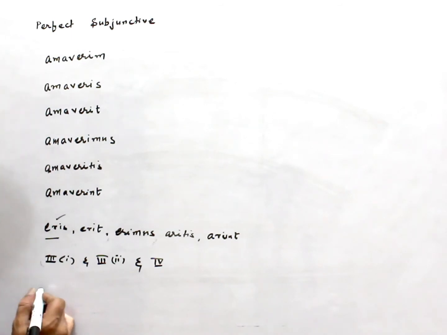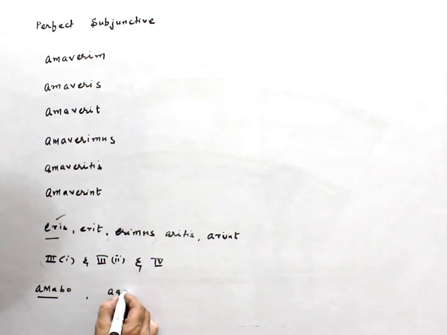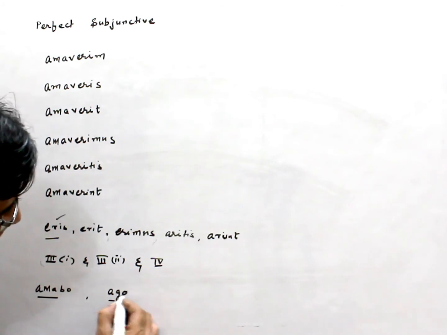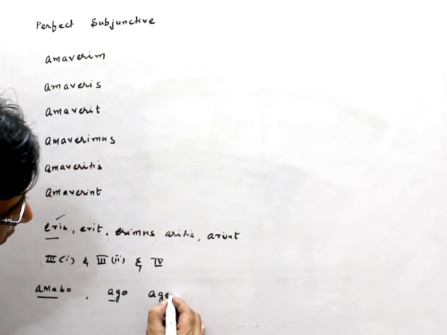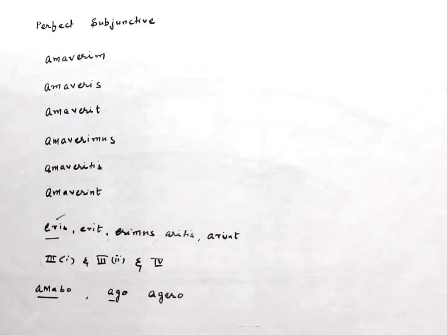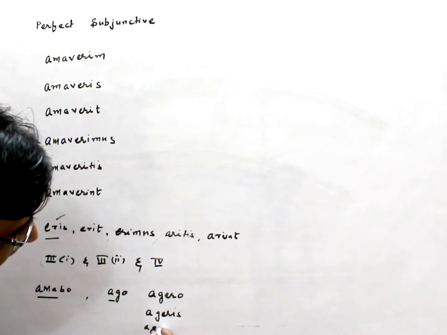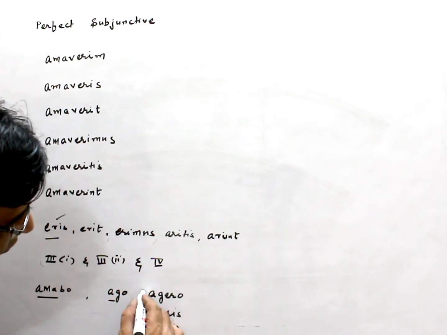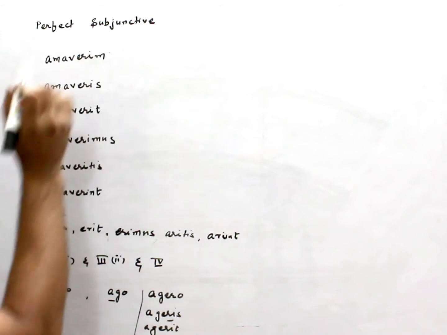But for first and second conjugation, to make the future we use -bo. If I take ago, then the future is made agam and ages. So these are the future, and you see these are the same except the first.